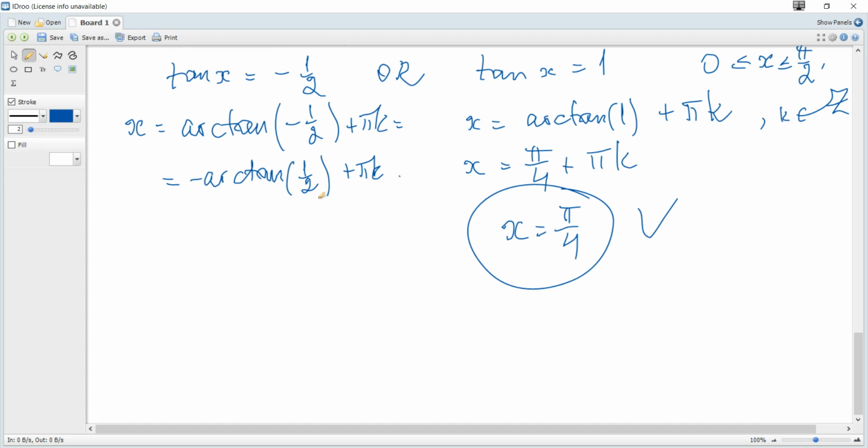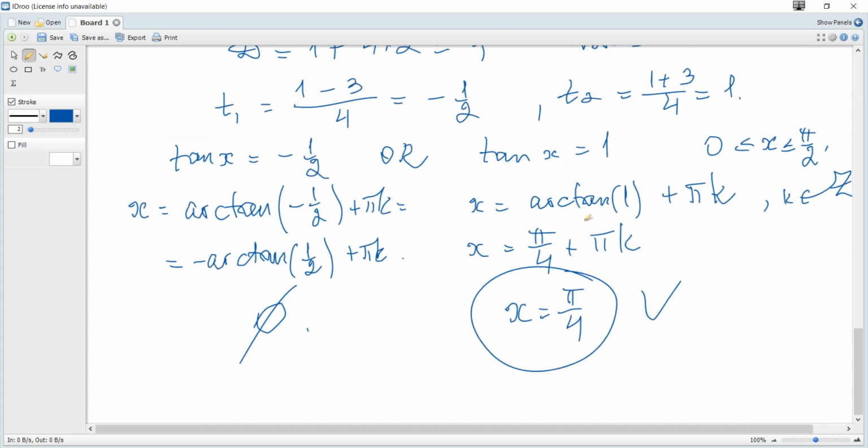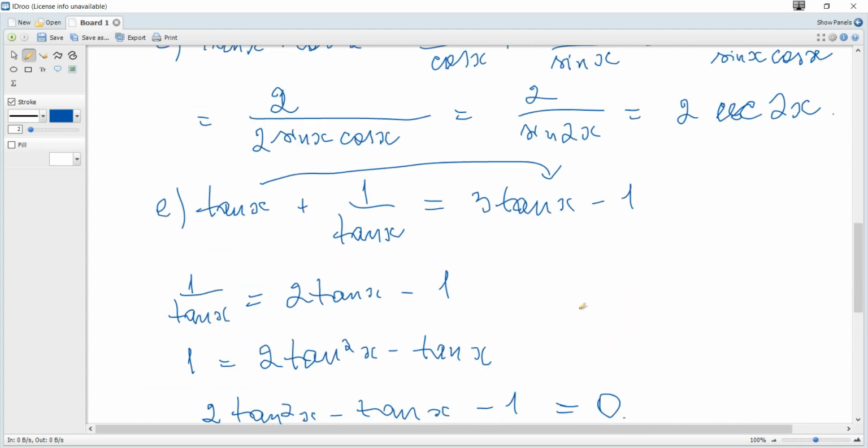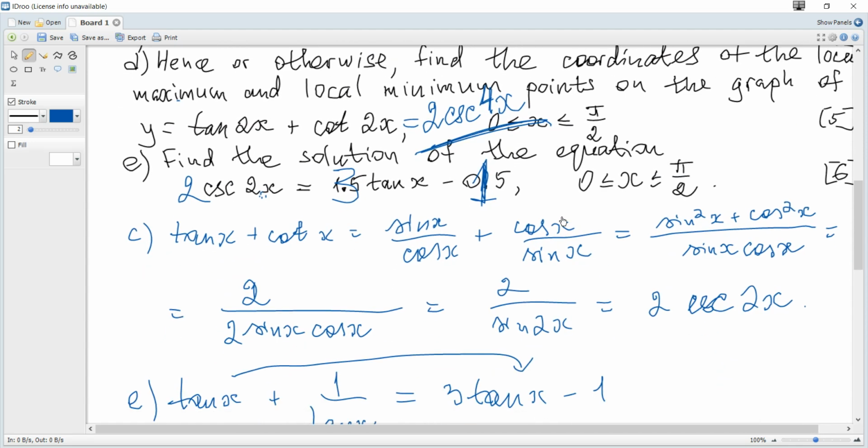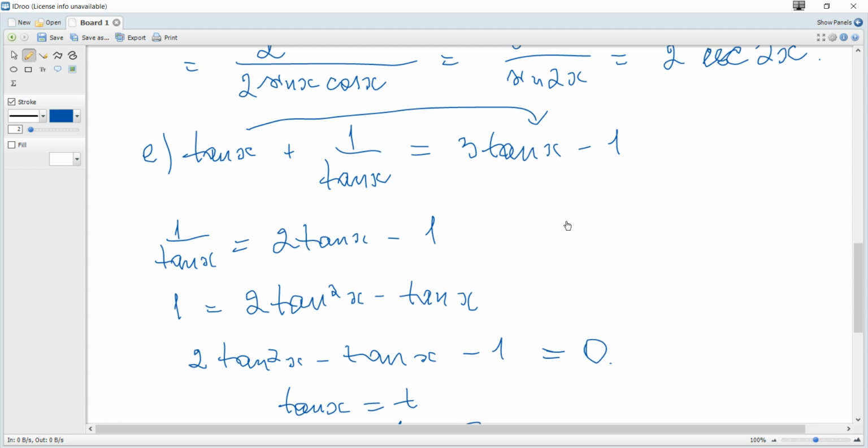But notice that if it's a paper without a calculator, and if there would be some solution, you should leave arctangent. So no solutions here. So there is only one root, x is pi over 4. And that's all for this question.